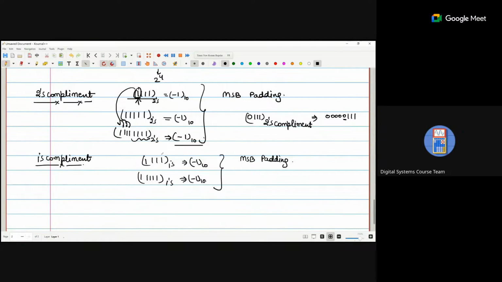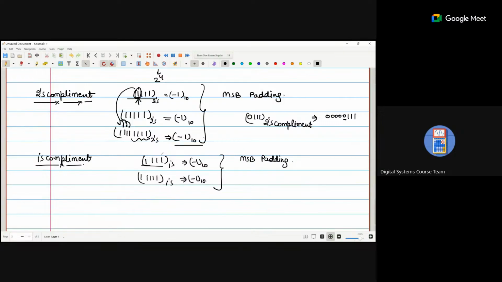Why? If the number is negative, we add 1 in the MSB part. If it is a positive number given in 1's complement, we add 0. So again it is called MSB padding.